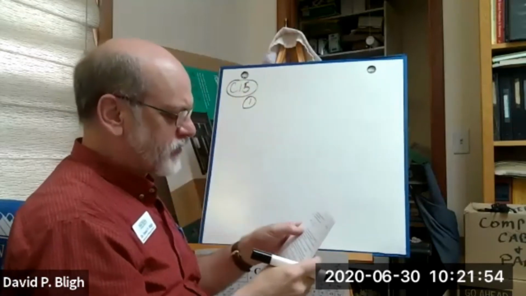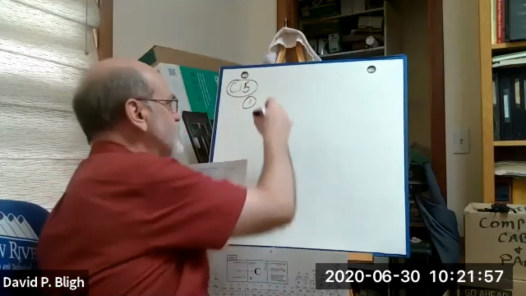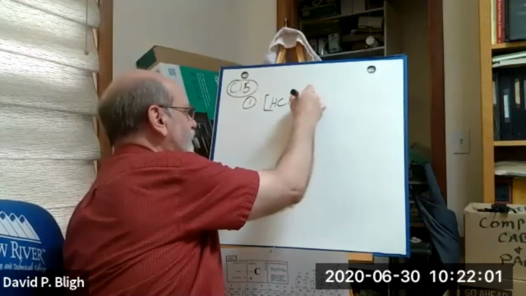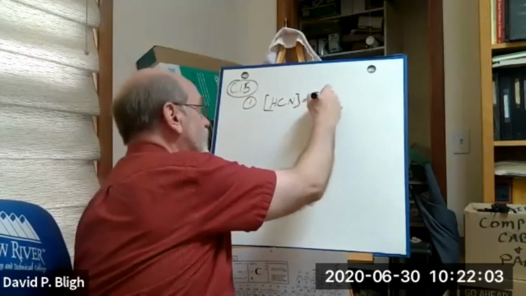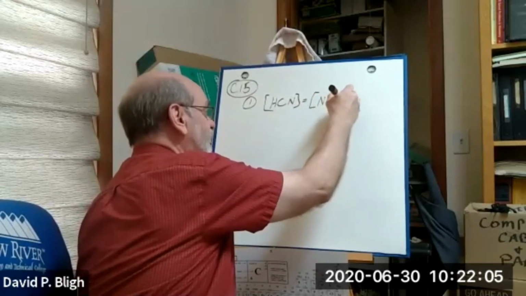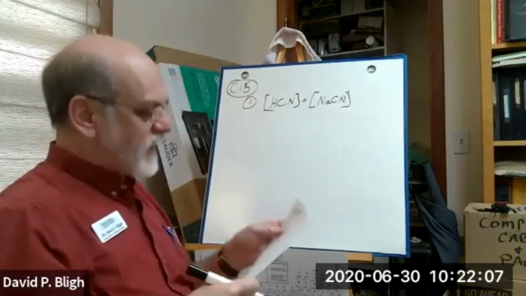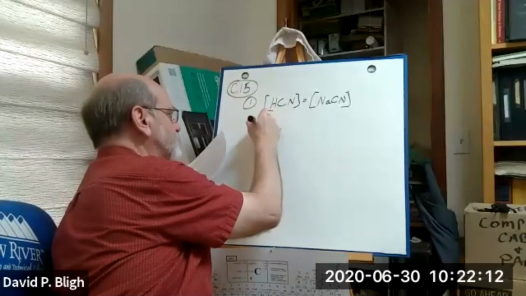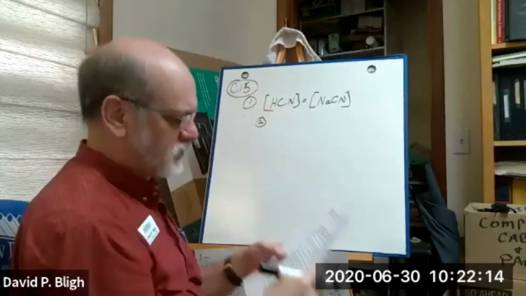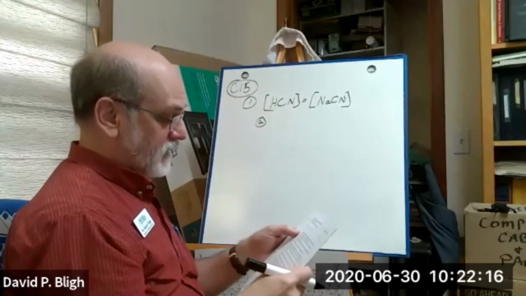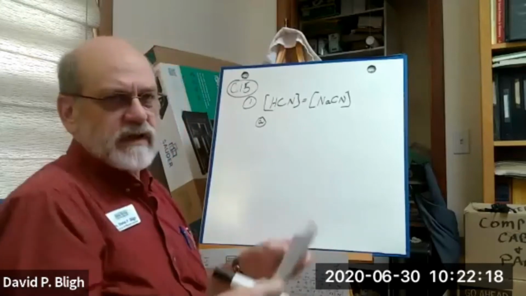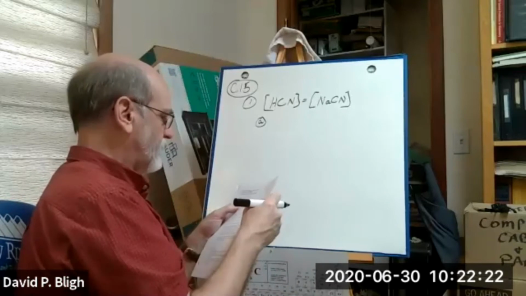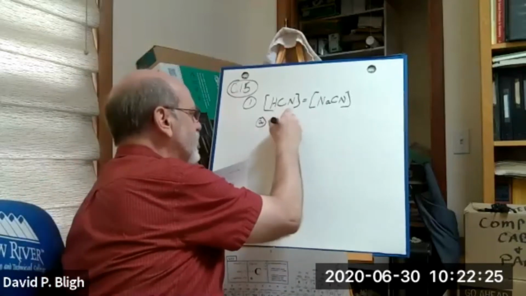For a solution that's equimolar in HCN and sodium cyanide, we're looking for the false statements. Which statement is false? From the choices we have, it looks like only one of them is false. Is this a common ion effect?